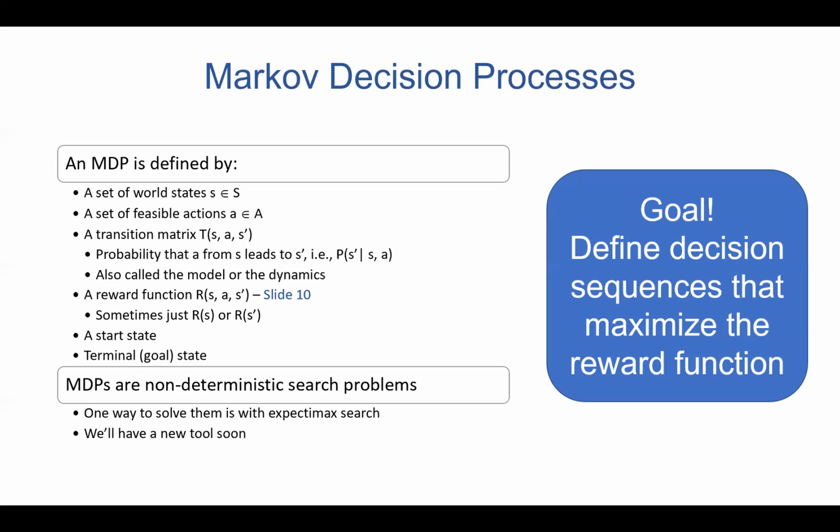So in MDPs, for every single state in your fully observable environment, there is going to be a certain probability that you can go into one of the next future states. That is going to be the transition matrix.